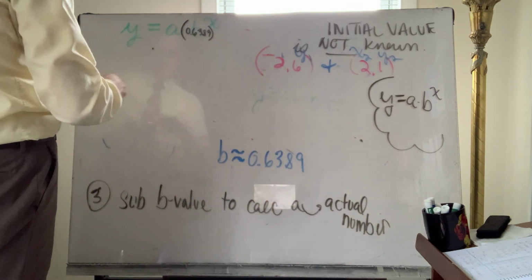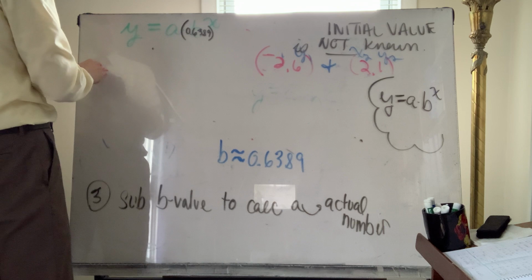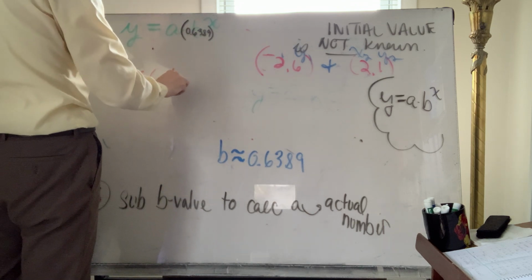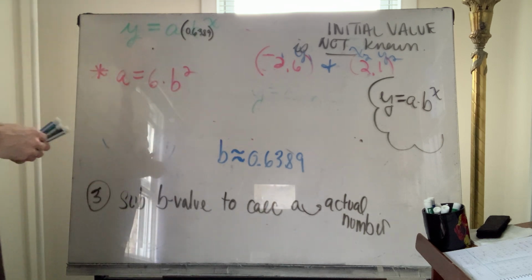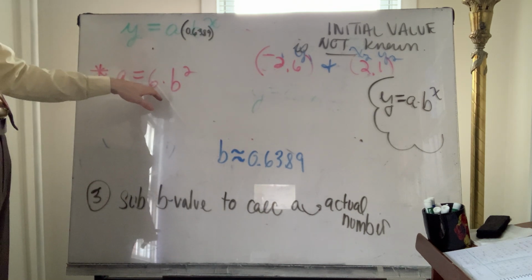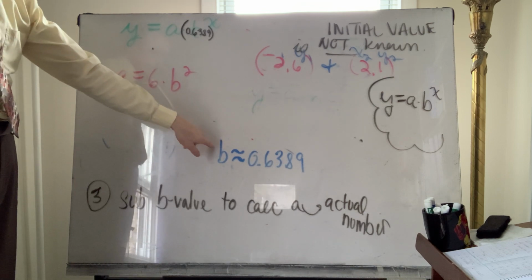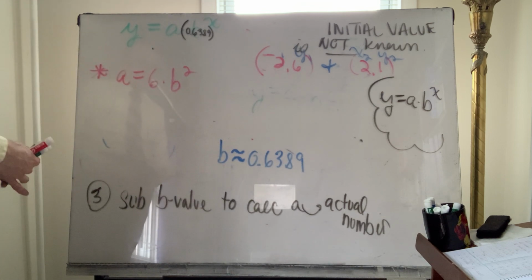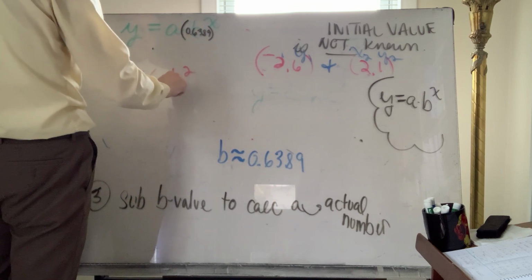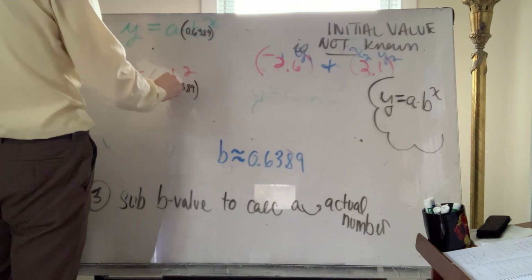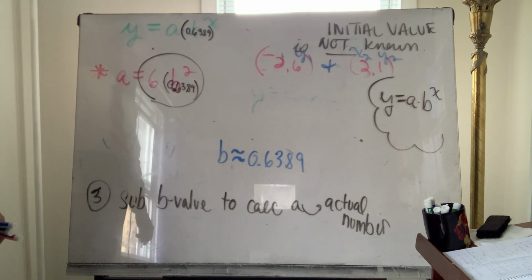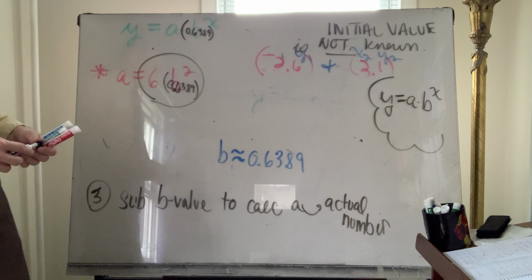We had decided earlier that a was equal to 6 times b squared. So now we can get an actual satisfying number, or some semblance of a satisfying number, by putting this b value in there as well. So if you put 0.6389, enter this into your calculator, you will calculate an A value.